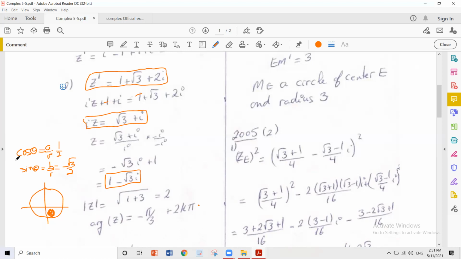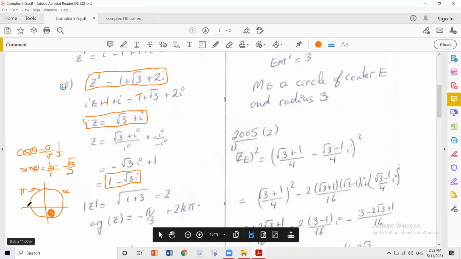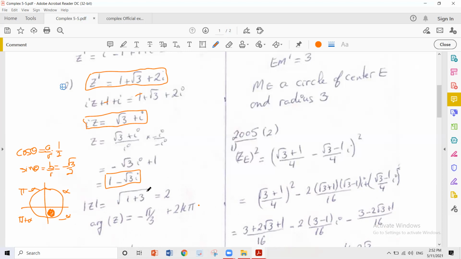Yes, in the fourth quadrant it is minus alpha. This is alpha, and this is minus alpha. You put minus first, then on your calculator shift cosine half, or shift sine radical 3 over 2, gives pi over 3.